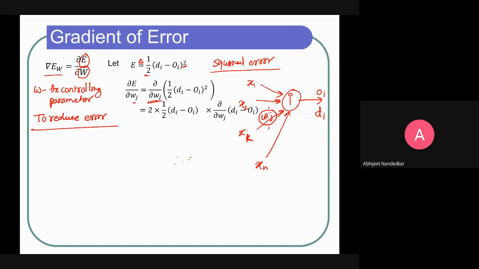Okay, so the next step is this one. Now can you simplify this further?